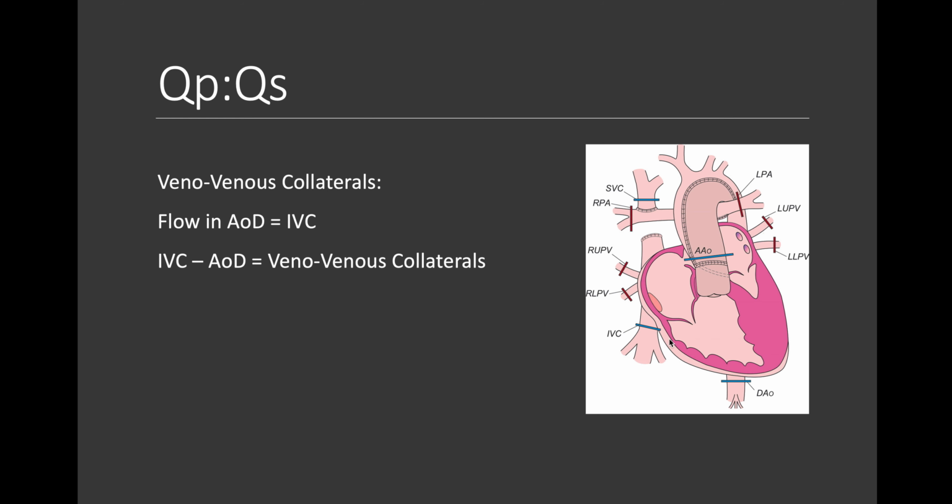If there is more blood in the IVC than in the descending thoracic aorta, this means that the IVC is receiving an abnormal pathway of blood, which sometimes happens in Fontan and Glenn, where there are veno-venous collaterals coming from the superior vena cava, for example, to the IVC. So you could measure the amount of veno-venous collaterals if you subtract the aorta from the IVC at the diaphragm level. Important is to measure the IVC after collecting the hepatic veins.